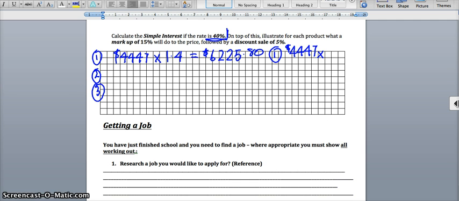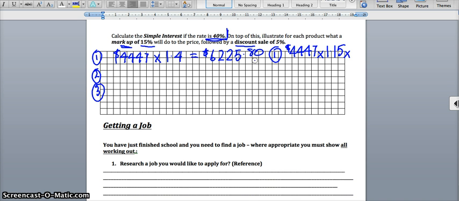How would we use multipliers here? A markup of 15% followed by a discount of 5%. So we could use our markup here, couldn't we? So 1.15. 15% markup means we're paying that 100% plus another 15. So it could be 1.15.